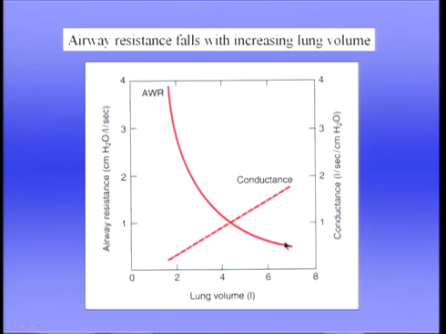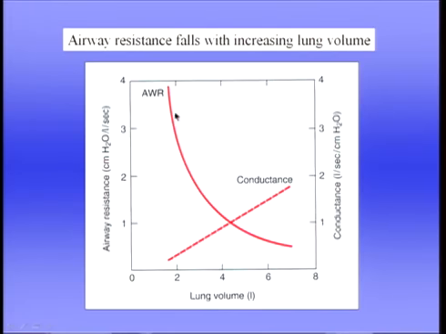The extra-alveolar blood vessels and the airways are pulled open by the radial traction of the lung parenchyma, the fact that as you expand the lung, the tension in the alveolar walls increases, and that's why airway resistance falls with increasing lung volume.